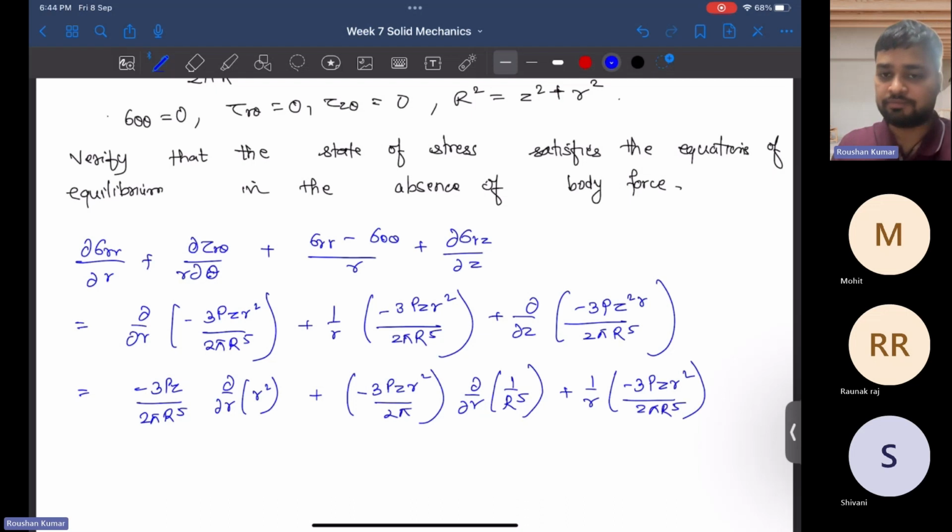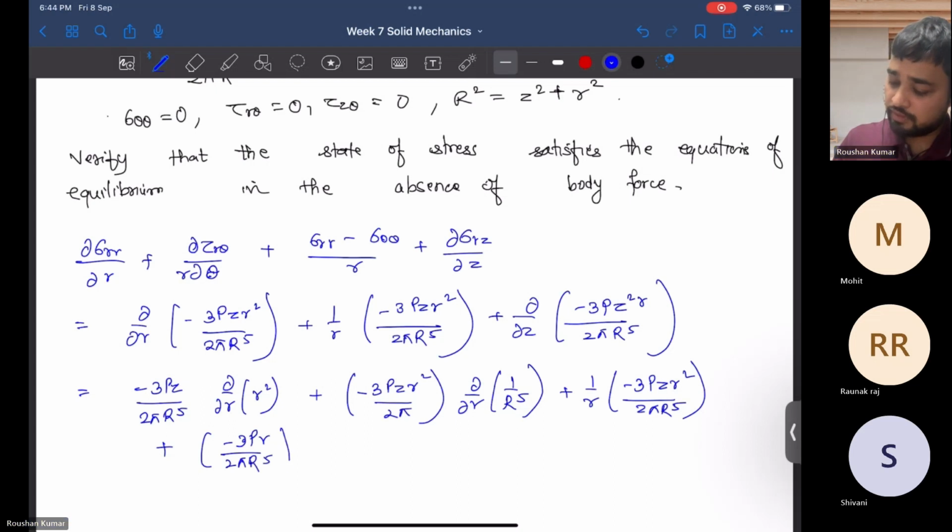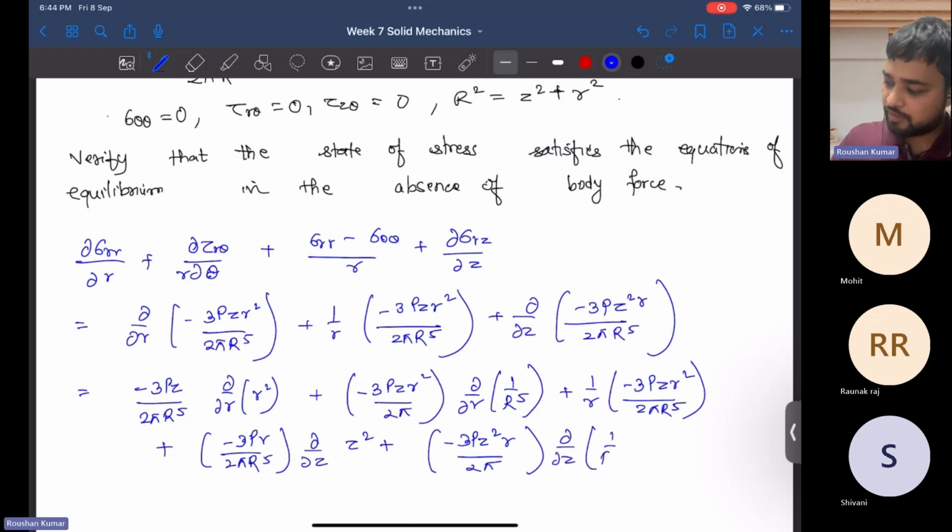Here I will put the values that are given in the question. After substituting the values of each of the stresses, we evaluate the overall expression. Plus minus 3pr upon 2 pi r to the power 5 del by del z of z square, plus minus 3pz square r upon 2 pi del by del z of 1 by r to the power 5.